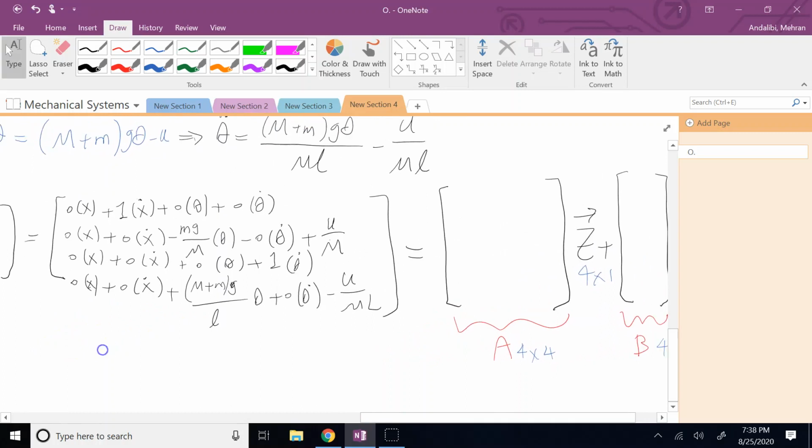Now what are the entries? They come from these rows. So you see there is no x, so this is going to be 0. There is 1 for x dot, no theta, and then no theta dot. So these 4 coefficients come from these 4 guys. Then second row, there is no x and no x dot. There is a term of theta, negative mg over m, so I just write that coefficient.